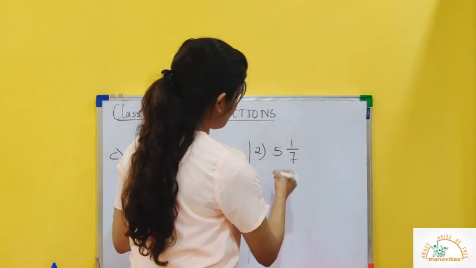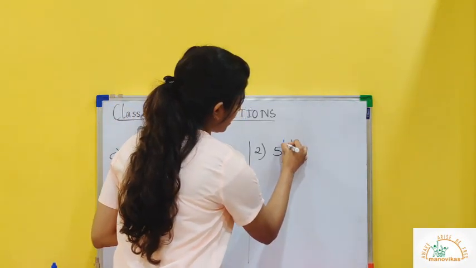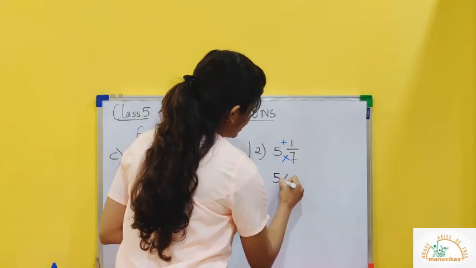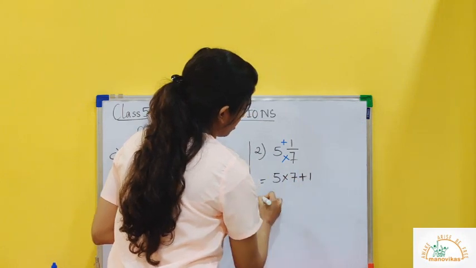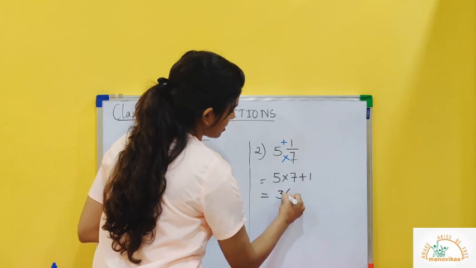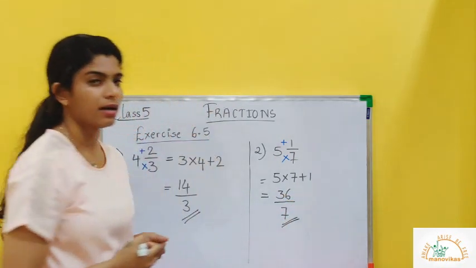Let's do the second one. So here also we will do multiplication and then plus. So 5 multiplied by 7 plus 1. 5 sevens are 35 plus 1. 36 upon 7 is the answer.